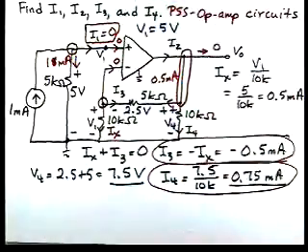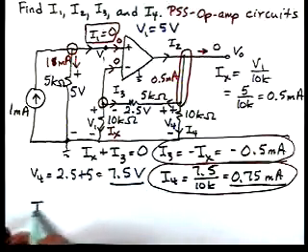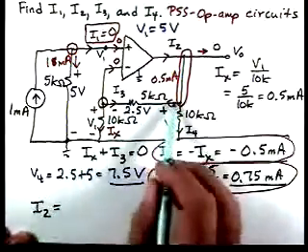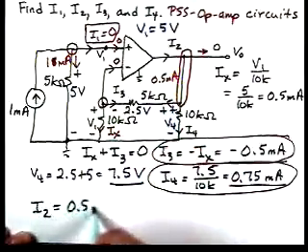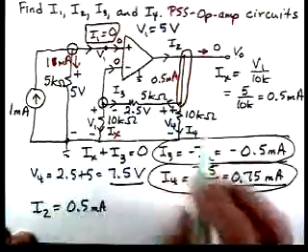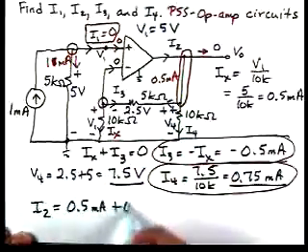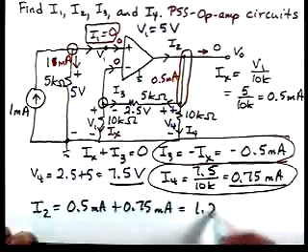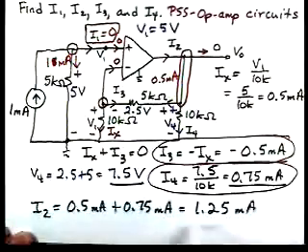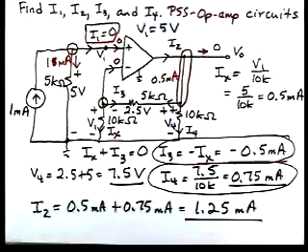If we apply Kirchhoff's current law to that node, we'll have I2 entering, we'll have 0.5 milliamps leaving through this path, and this path will have 0.75 milliamps. So then that'll give us 1.25 milliamps for I2.